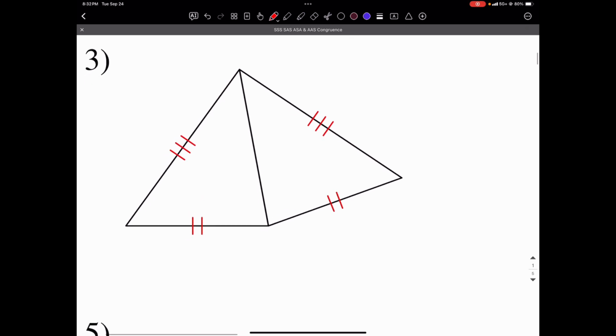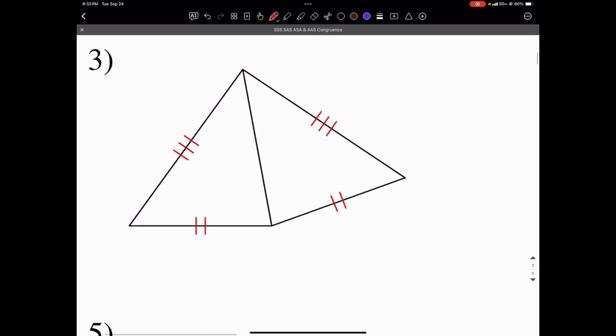So let's look at number 3. Number 3, you're given one side that is congruent to another side. Then you're given a second side that is congruent to another second side.